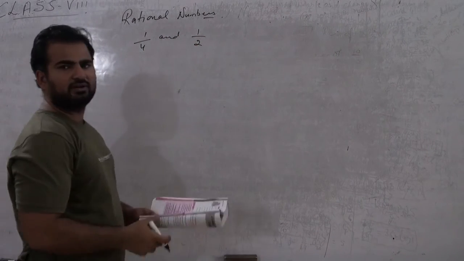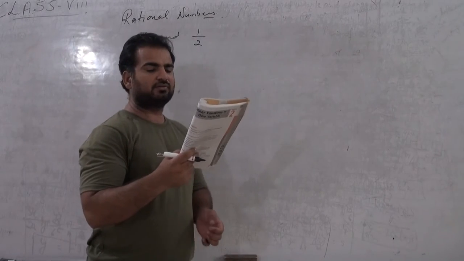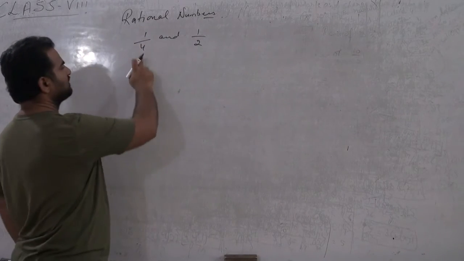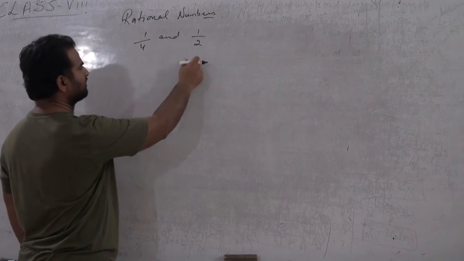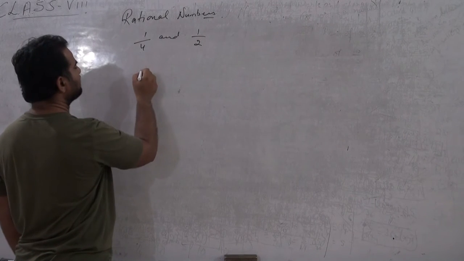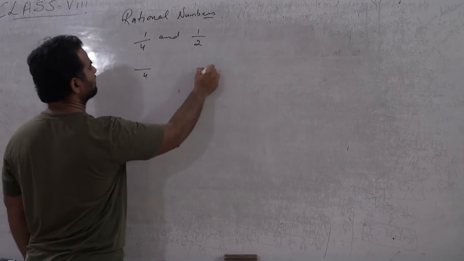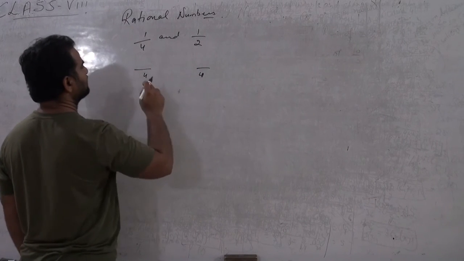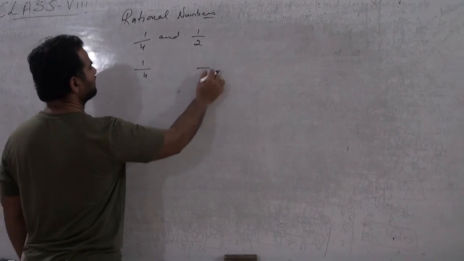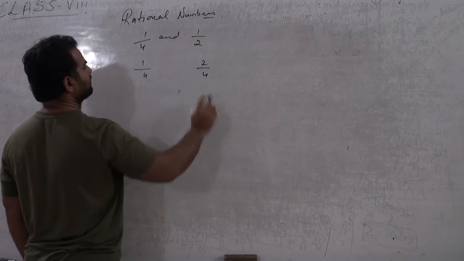How many do we have to find? Only 5. So first of all, make the denominators the same. The LCM of 4 and 2 will be 4. So it will be 1 upon 4 and 2 upon 4.